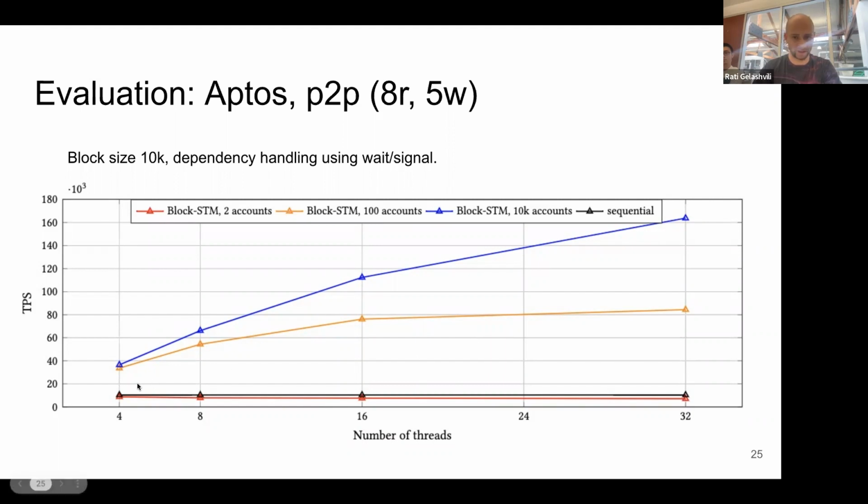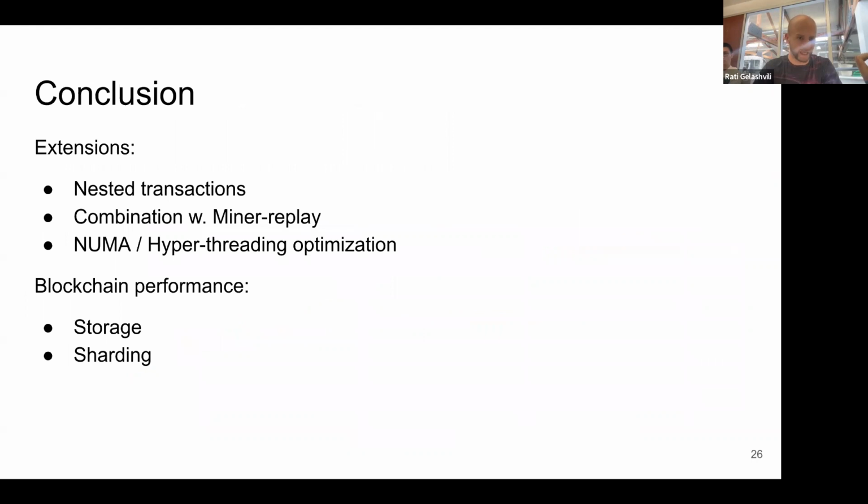As you see, the black line is sequential execution, and the red line is the Block-STM execution with 2 accounts, which has to do validations and abort almost everything. And yet it has maybe 10 to 20% overhead compared to the sequential execution.